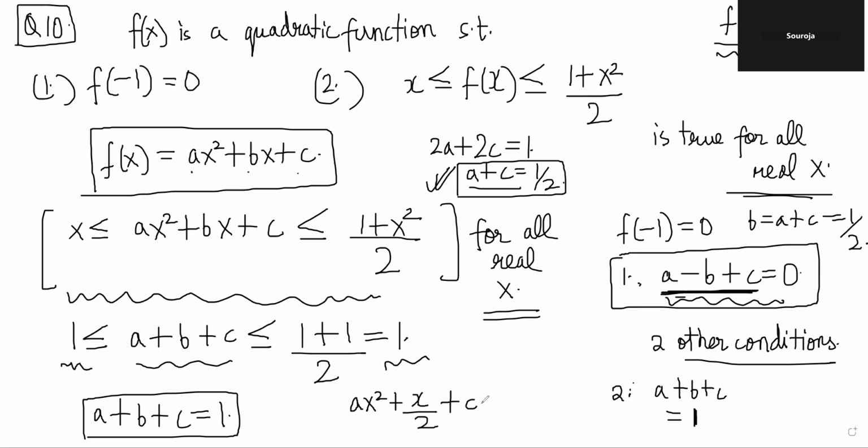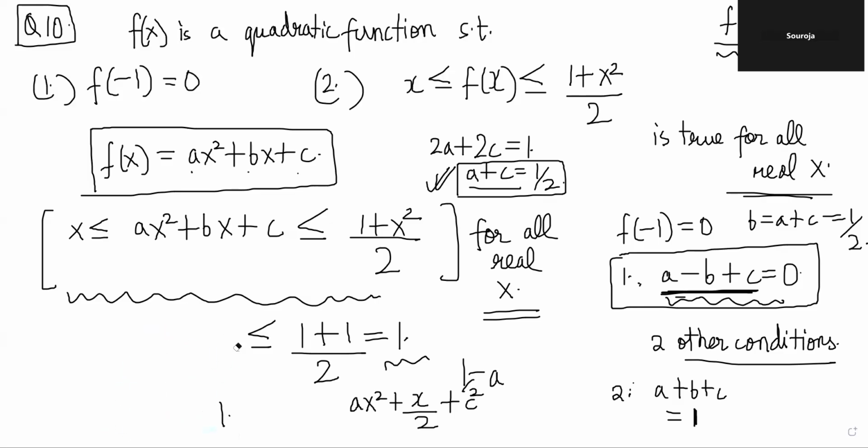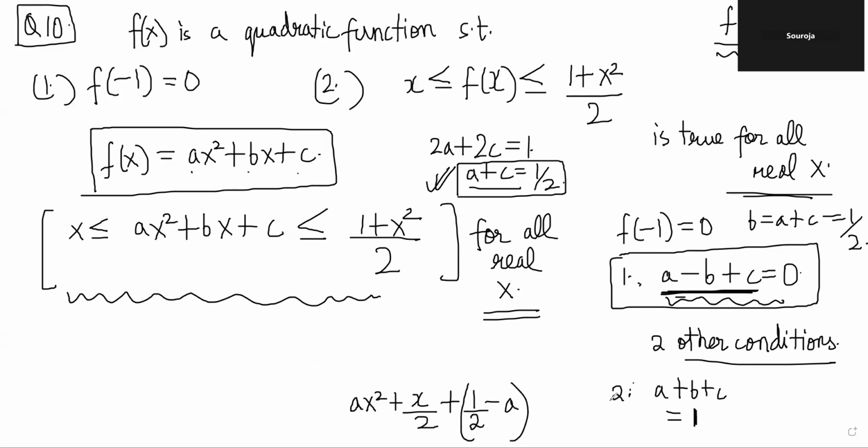So instead of c, can I write it as half minus a? So the quadratic is becoming like this: ax squared plus x by 2 plus half minus a, right? Correct.